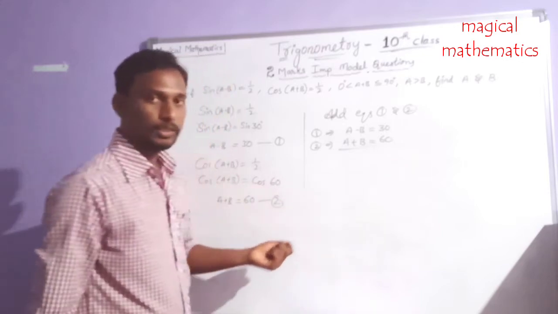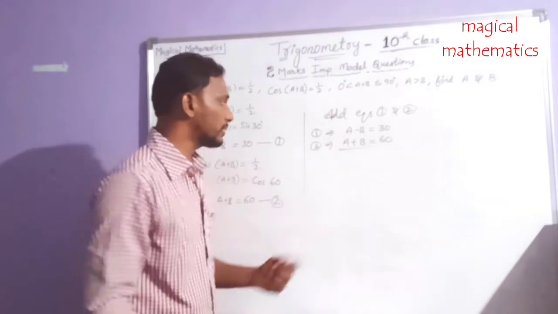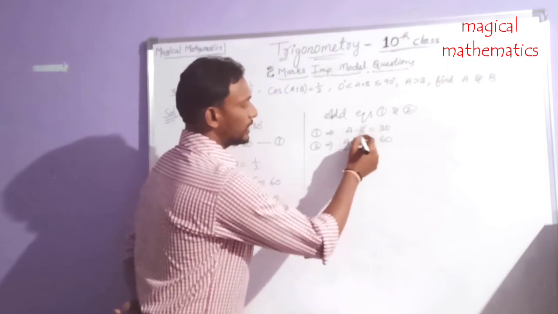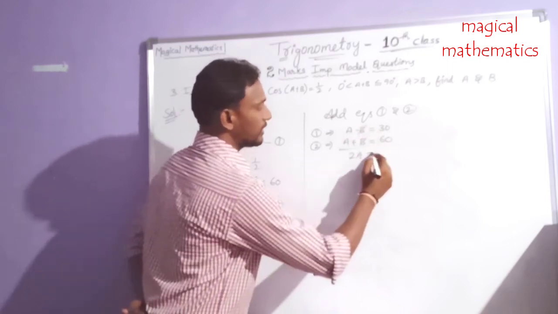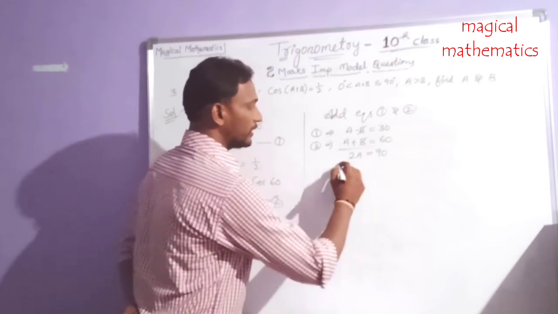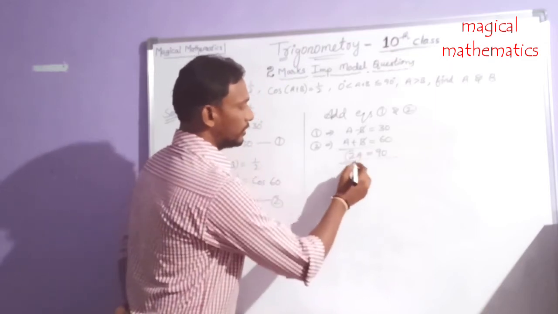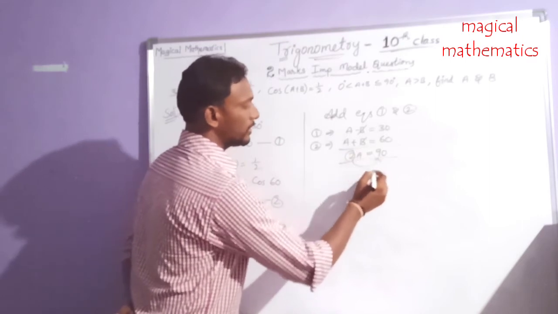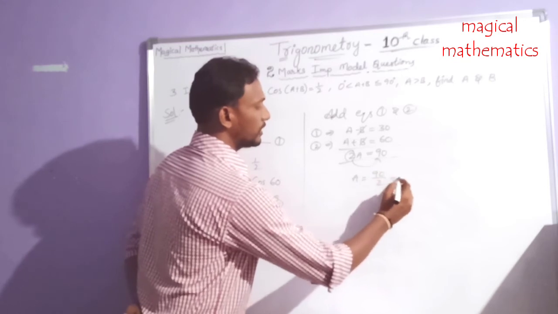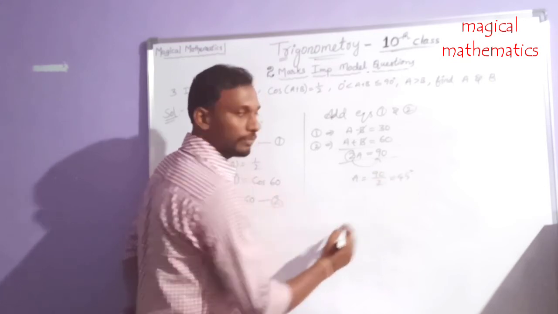So we are adding, no need to change any symbols. A plus A is 2A, minus B plus B get cancelled, and 60 plus 30 is 90. So from here 2 is multiplying, by transposing to this side it will divide, so 90 by 2 is nothing but 45.